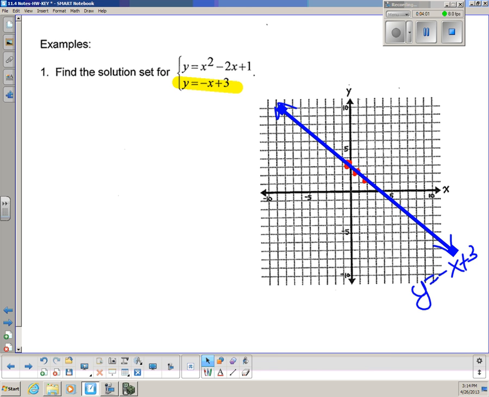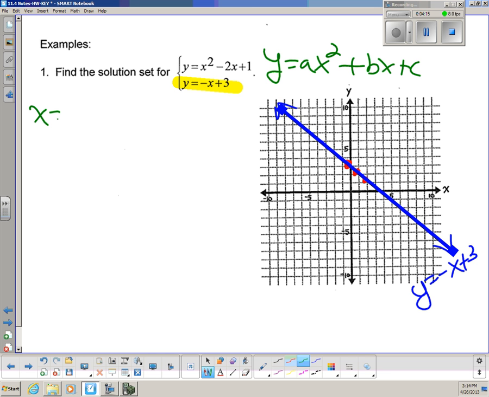The parabola is a little bit different. If we deal with the parabola using the formula for the x-coordinate, the axis of symmetry, and then we plug in for y, it's going to look like this. The x-coordinate is negative b over twice a, which means negative b happens to be, in this case, negative 2, over twice a, where a happens to be 1.